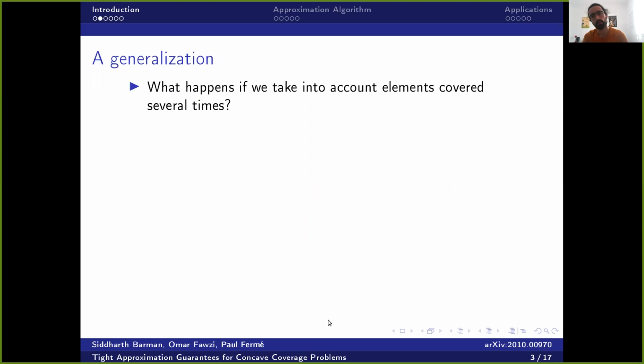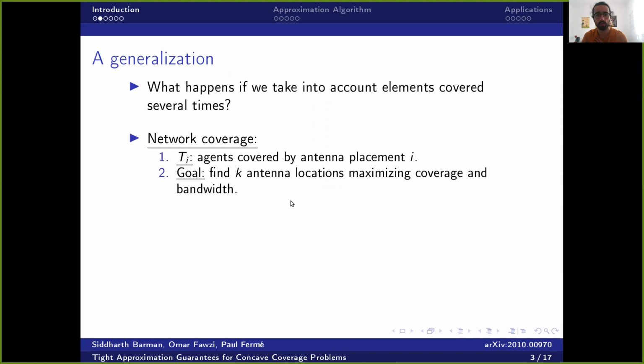The question we ask now is, what would happen if we take into account elements that are covered several times? In fact, this is motivated by some kinds of applications one can think of.